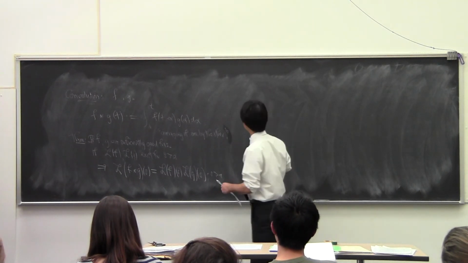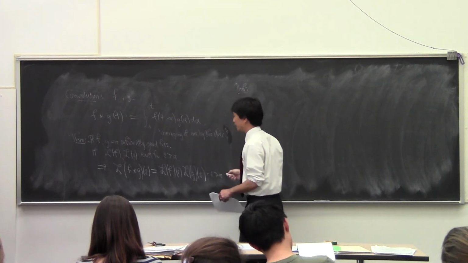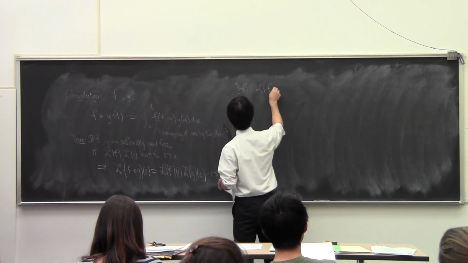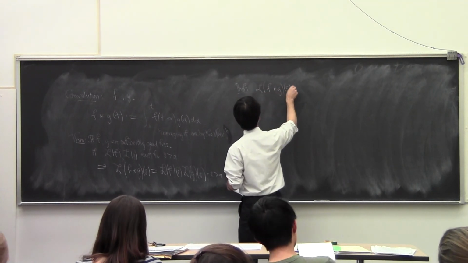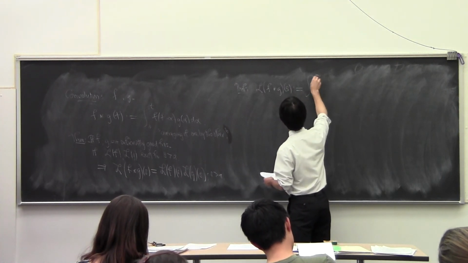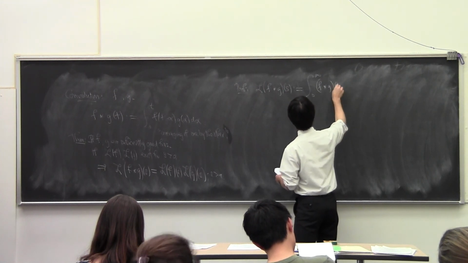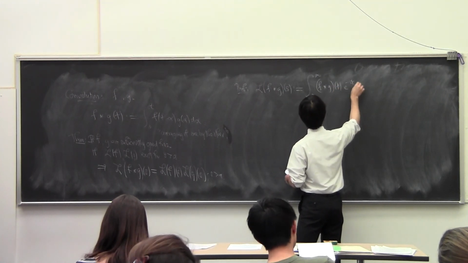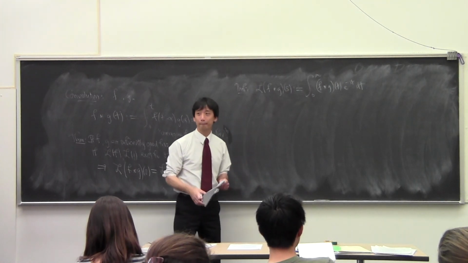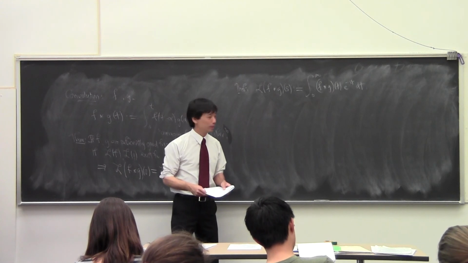Okay, so let's do it. The proof is basically just a calculation. If we look at the Laplace transform of the convolution, well, that's the integral from 0 to infinity of the convolution times e to the minus st, dt.